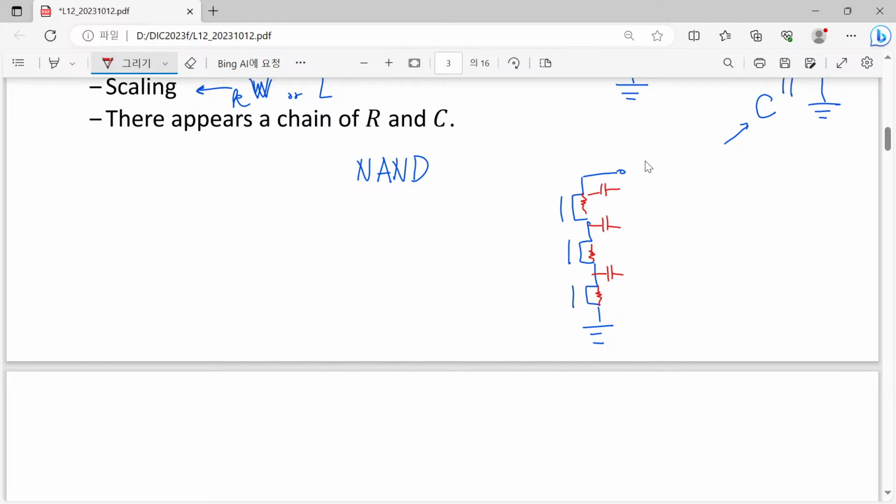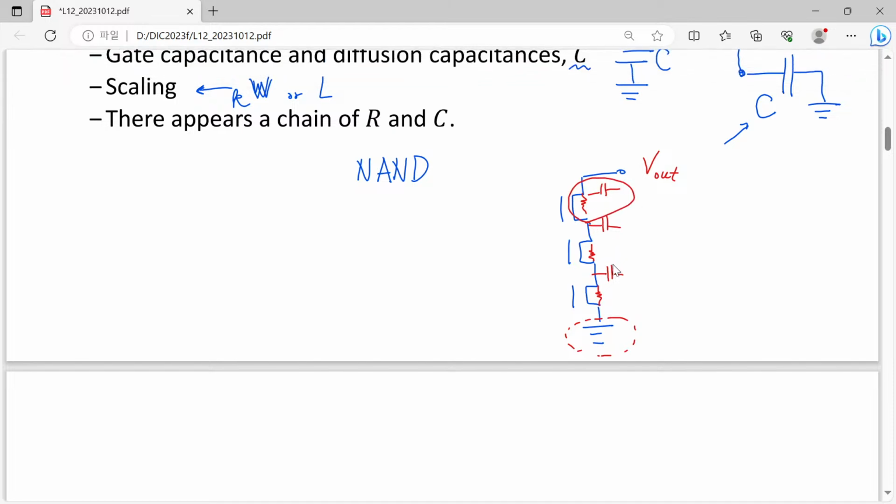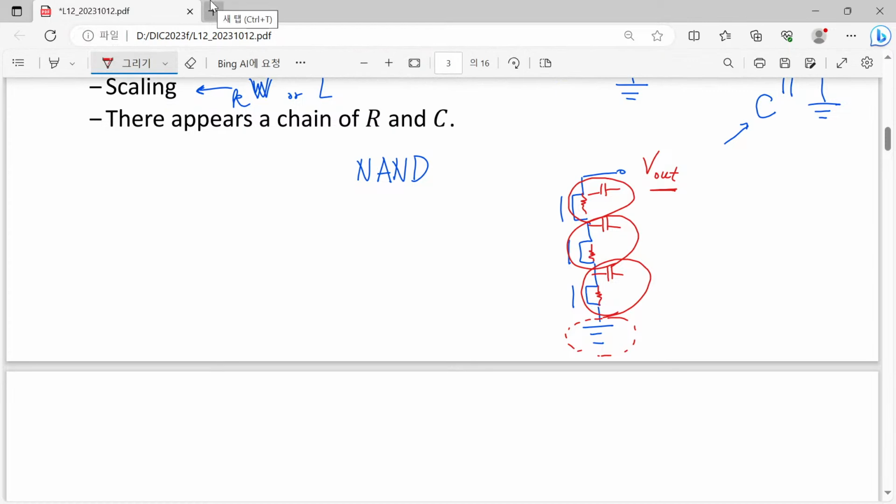From the viewpoint of our V out, the route toward the ground is made of a chain of an RC network, here 1, 2, 3. In order to consider the time variation of this V out, we have to solve this system. That was the last conclusion of our previous lecture.